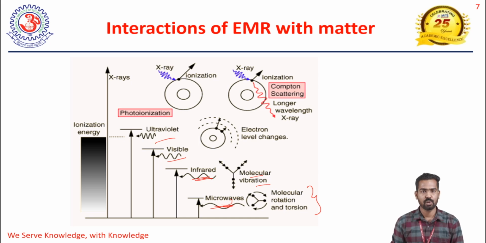Similarly, if the molecule absorbs ultraviolet, meaning UV, as well as visible light, there is some electronic transition. So you can easily understand that also.